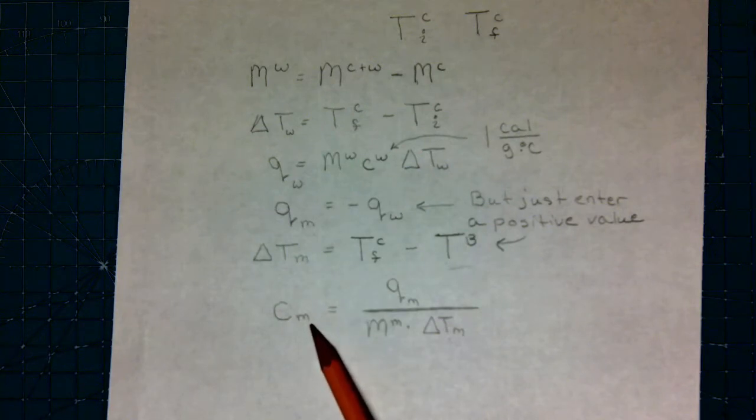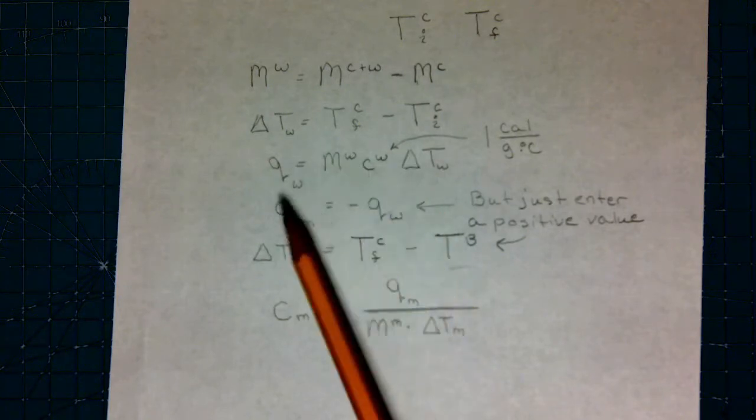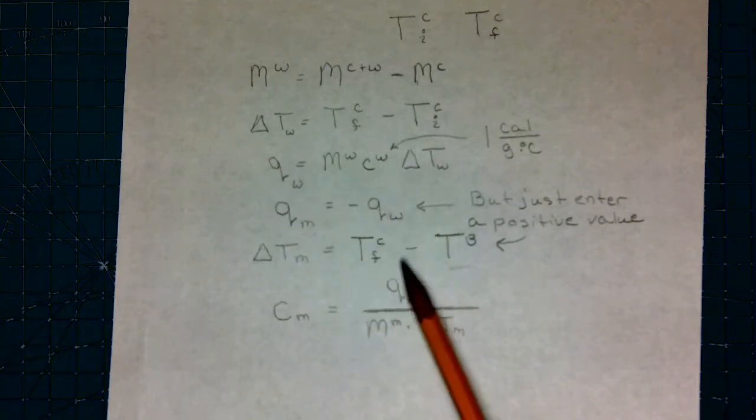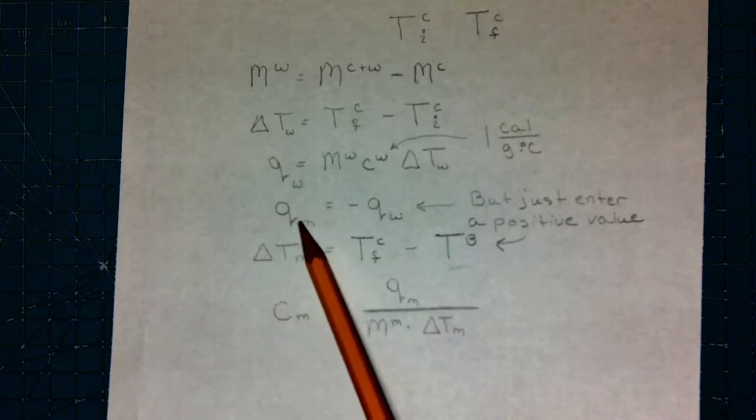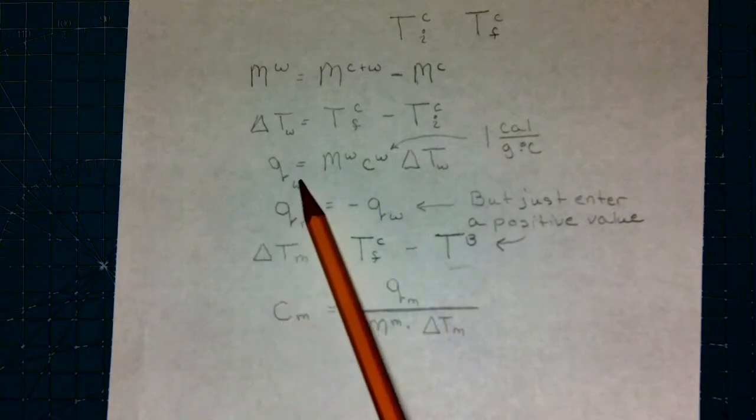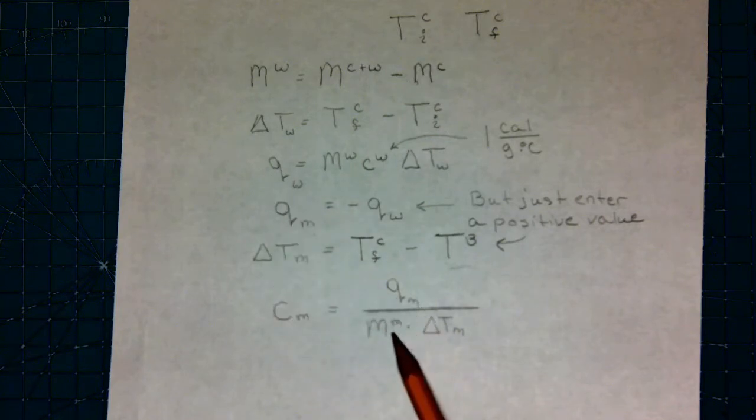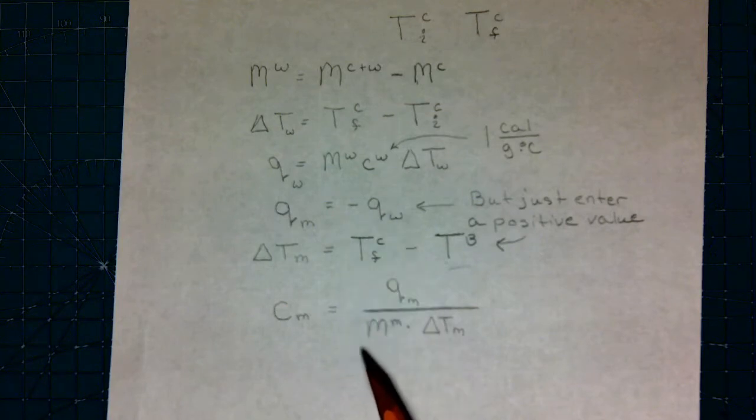Then we can calculate the specific heat of the metal. It's just this equation right here, solved for specific heat. So that's going to be the heat of the metal that we got here, same as the heat for the water, divided by the mass of the metal that we did as a measurement times its change in temperature.